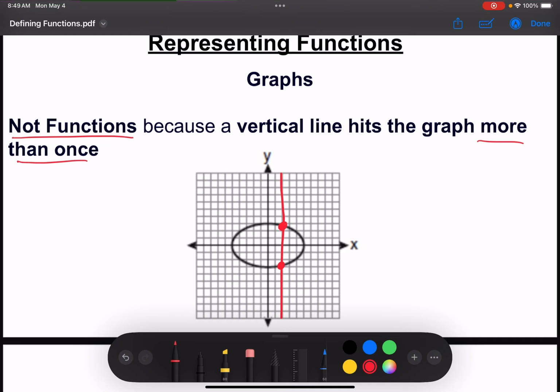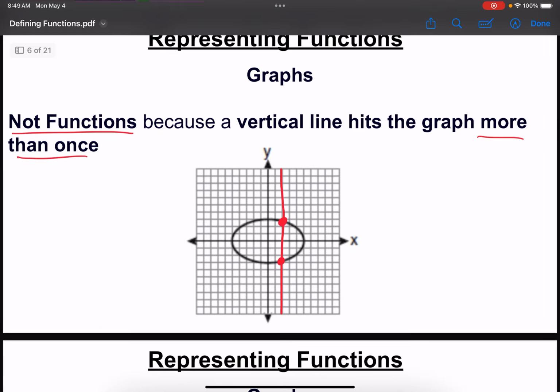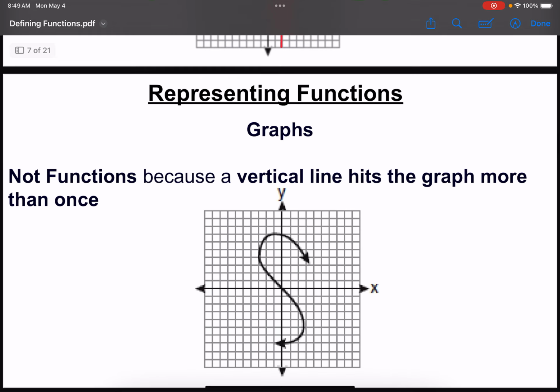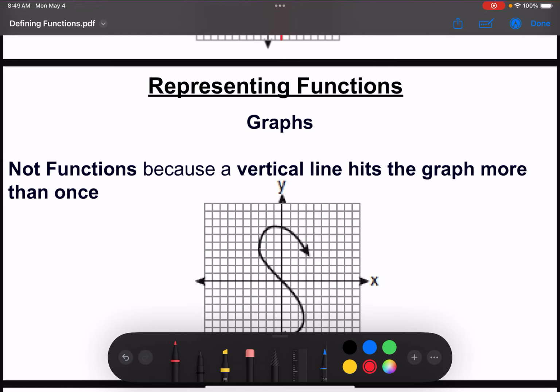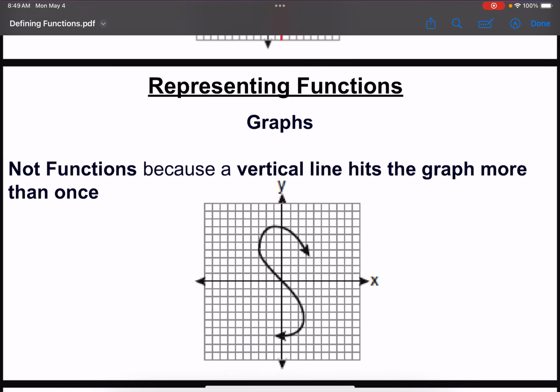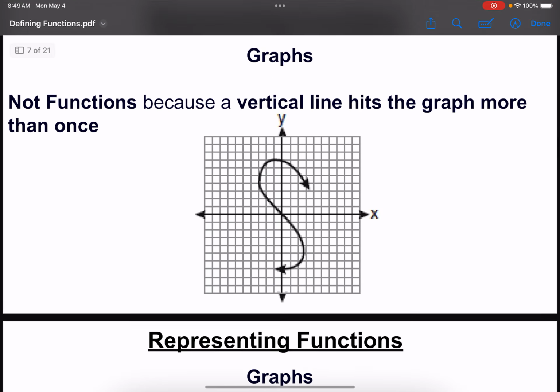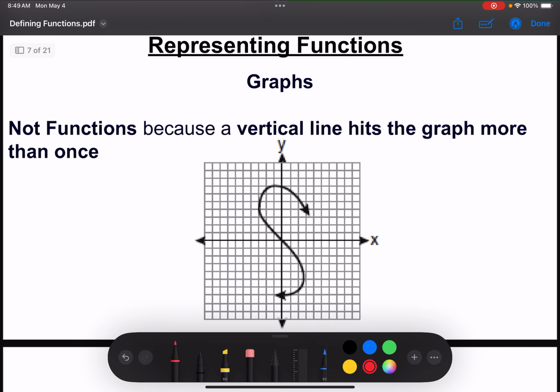We see it hits the graph here and here. Let's look at another example. This one as well. So if I was to draw a vertical line here, it would hit the graph 1, 2, 3 places. So this is not a function.